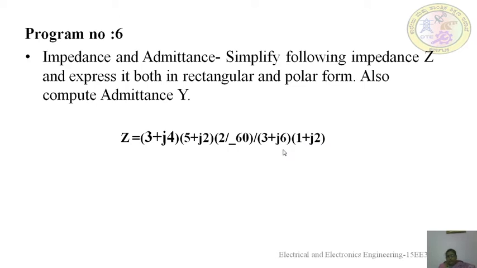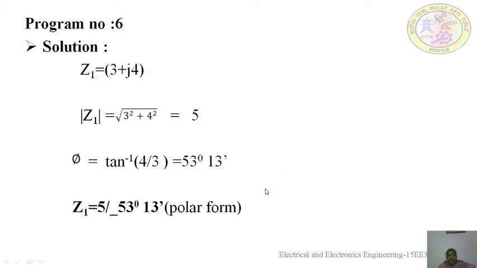Now I want to convert all these rectangular forms into the polar form. So now we'll start the solution. We'll convert Z1 into the polar form. In the second semester itself we have studied how to convert the rectangular form to the polar form. We first calculate the magnitude, then calculate the angle phi, and then the value of Z1 is expressed in the polar form.